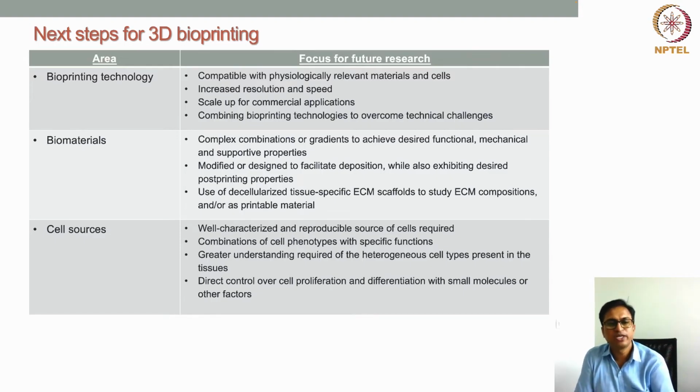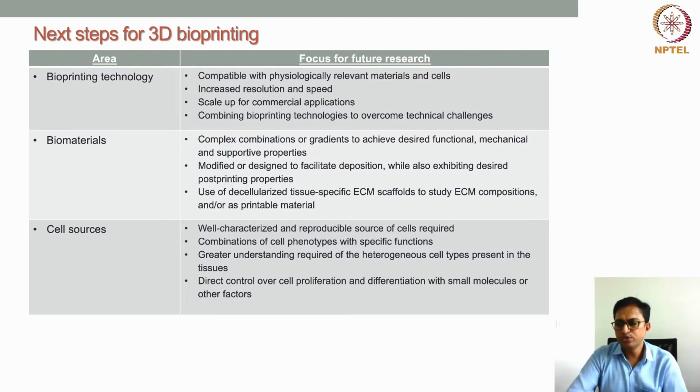Now the next point we're going to discuss is biomaterials, which you can consider the bioinks in our case of organ printing. In terms of biomaterials, there are requirements like complex combinations or gradients to achieve the desired functional, mechanical, and supportive properties.